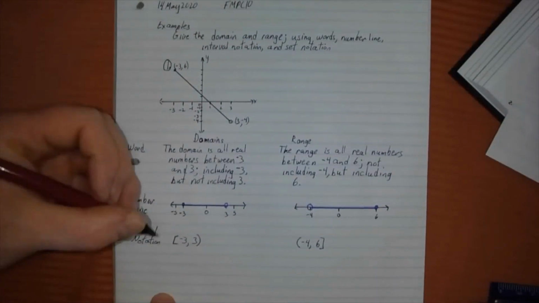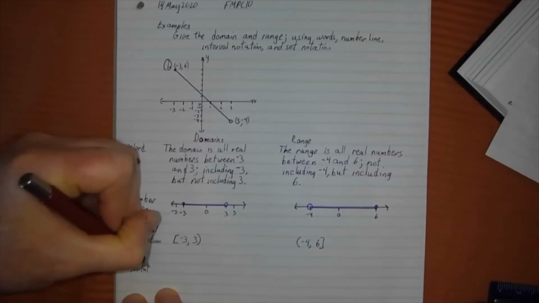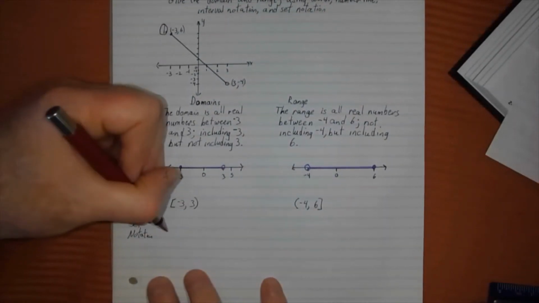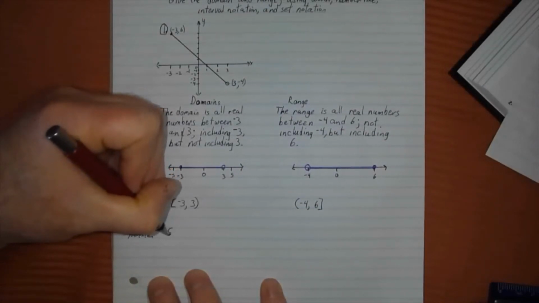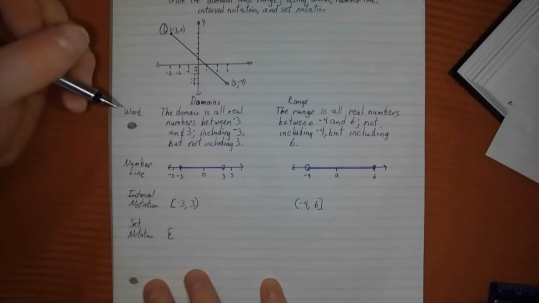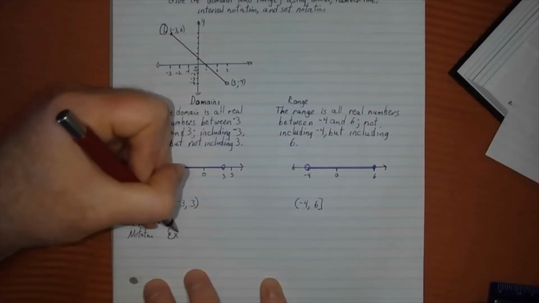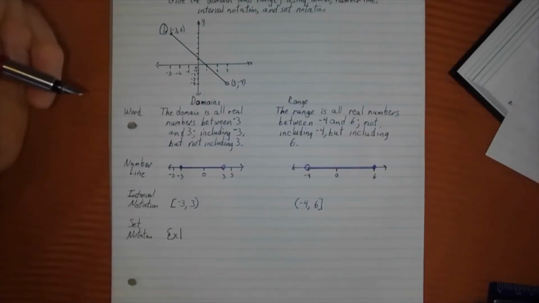Now set notation. The way it should be written: curly bracket, x, all values of x, such that. Now, we don't just pop in an x here.